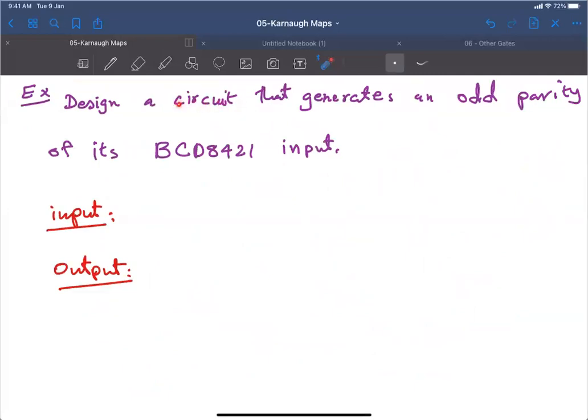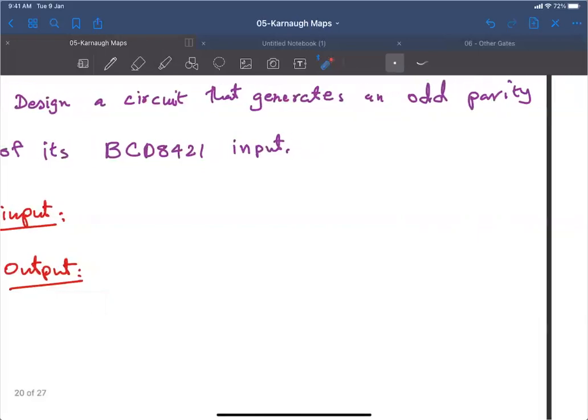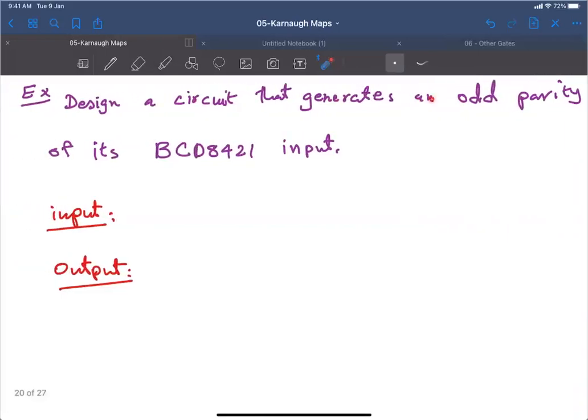Our end product here is a logic circuit that generates an odd parity bit of its BCD 8421 input. So from the problem description, what do you understand? We would like to design a black box circuit, C. What does the circuit take?